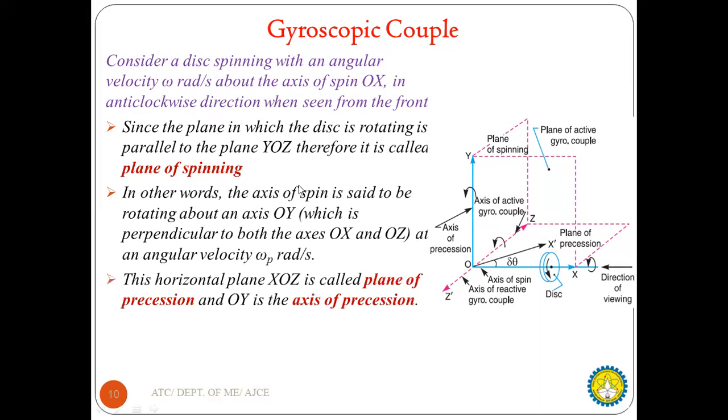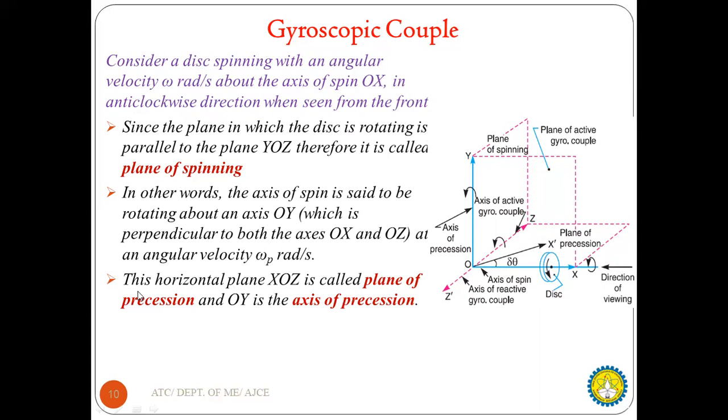In other words, the axis of spin is said to be rotating about the axis OY at an angular velocity omega p radians per second. So this entire disk is rotating about OY in this direction with omega p.